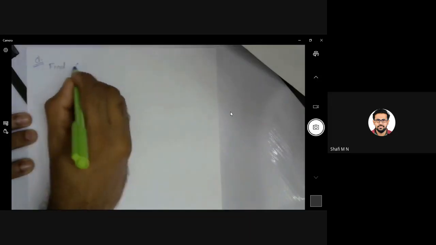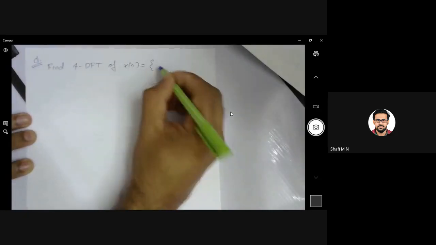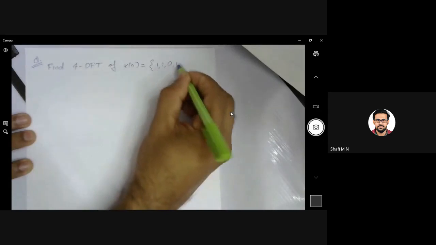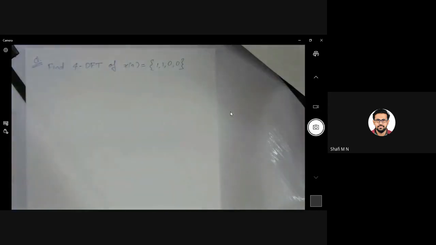So let's try one problem. Okay. So the first question is, write the question. Find the 4-point DFT of signal x of n equal to 1100, a simple problem just for practice. So the signal is given to you, that's 1100.